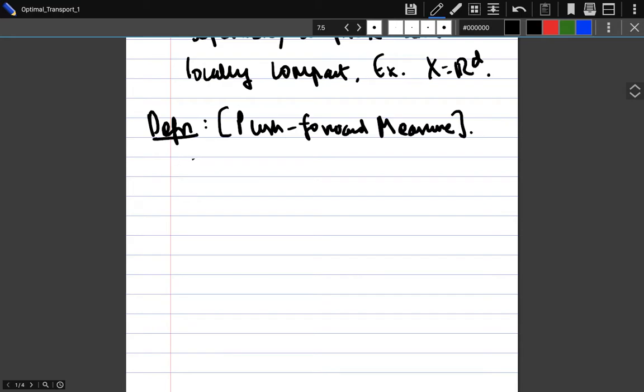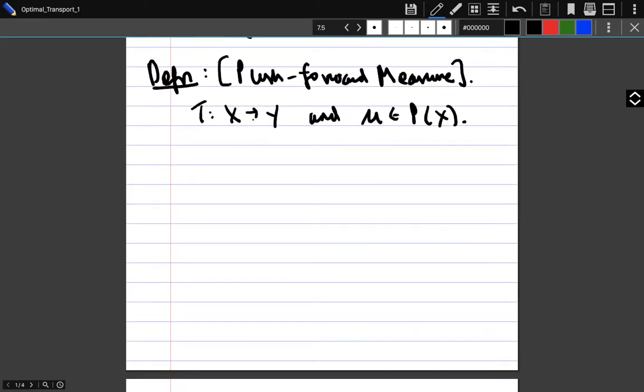What you need is a measurable map T that goes from X to Y, and a probability measure mu that's defined on the space X. With these two you can define a push forward measure as follows: T sharp of mu of A. It's a probability measure that lives in the space Y.